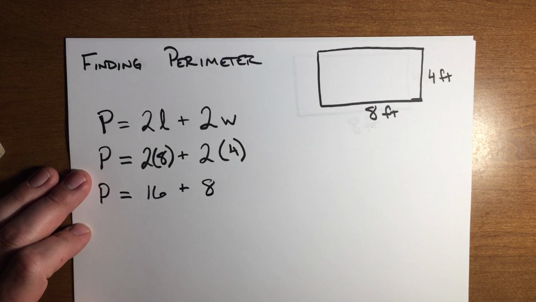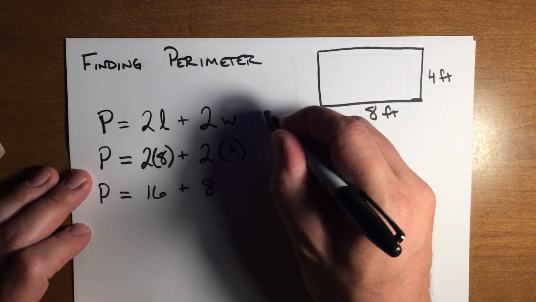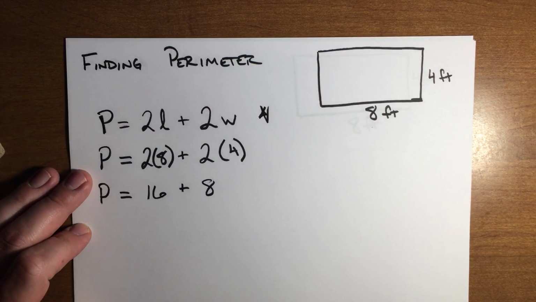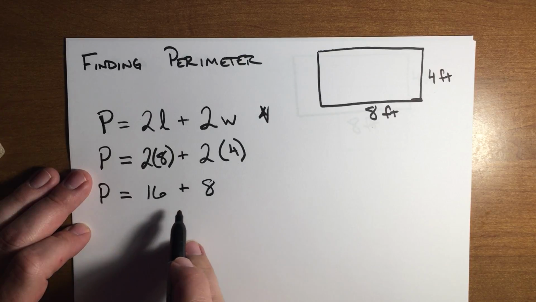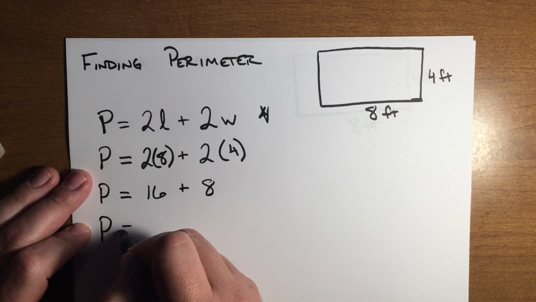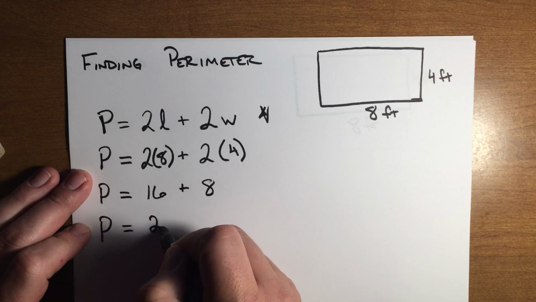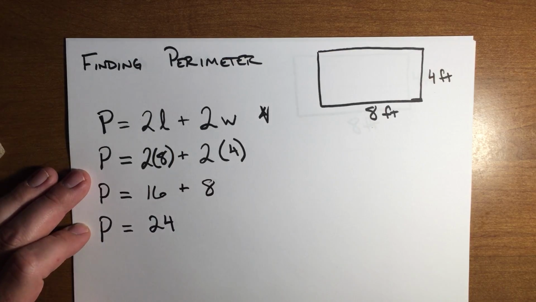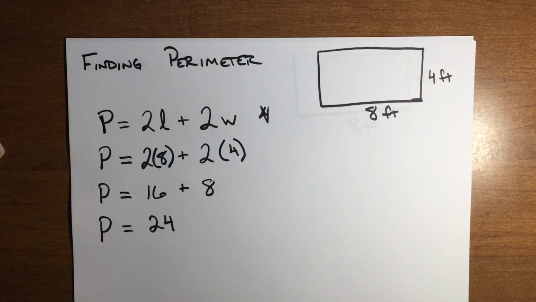Okay? And now I have a much easier looking problem than I did all the way up here at the beginning. So now P is equal to 16 plus 8. The only thing I have left to do is to simplify and say that 16 plus 8 is in fact equal to 24. And my perimeter is equal to 24.